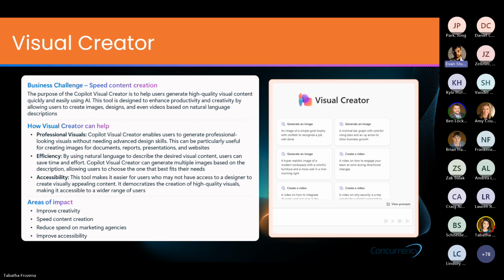It improves efficiency by letting users describe what they want and generate multiple options almost instantly. It also boosts accessibility, allowing more people across your org to create quality visuals without expensive tools or outsourcing. Overall, it improves creativity, speeds up content creation, and reduces dependency on external design support.